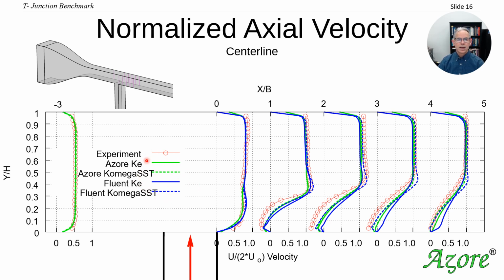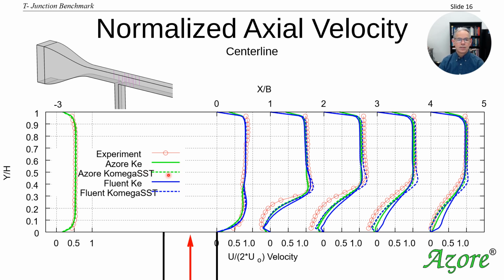We have one set that is green, and another set that is blue. The green set of lines are predictions made by Azore CFD, and the blue set of lines are the predictions made by Fluent. And then the lines are different shapes. Like this line is solid and this one is dashed.